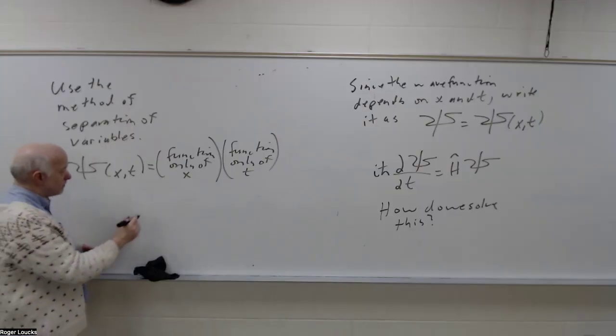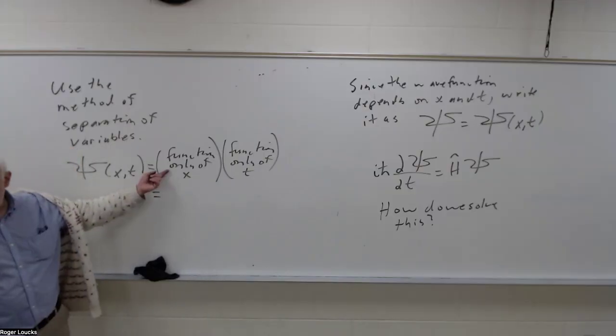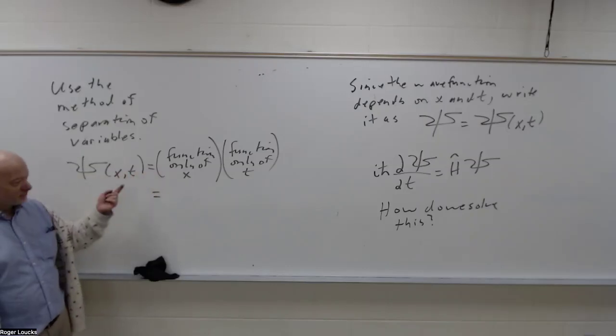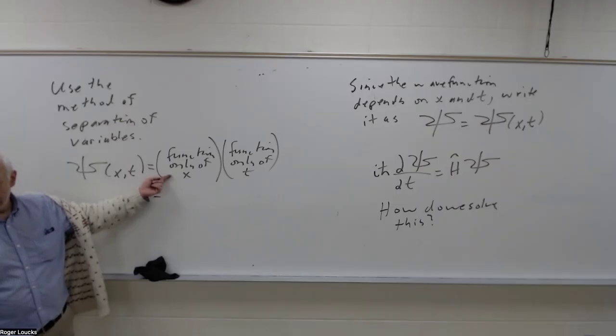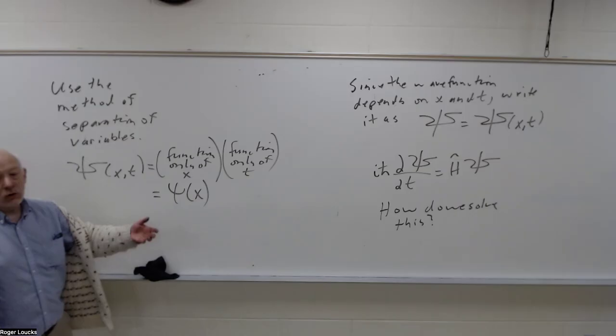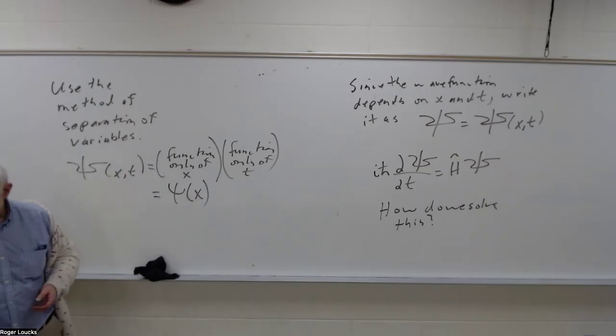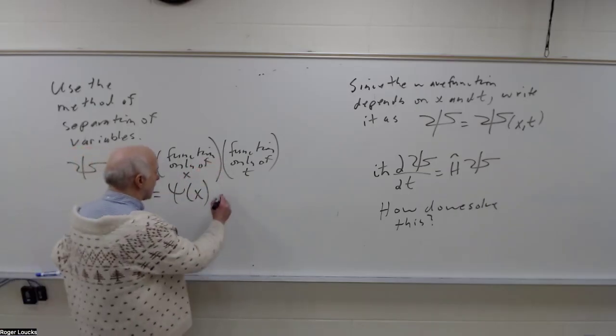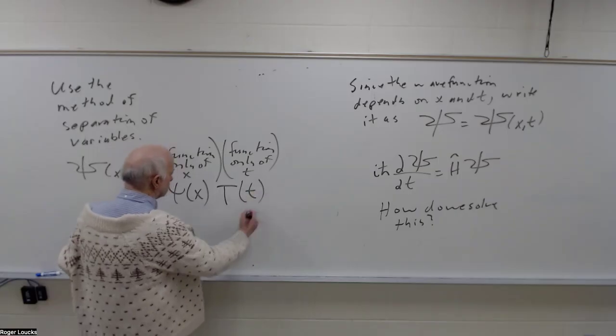This function of x, I'm going to call psi, like this. I have no clue what it is yet. I wonder why I'm using psi for this. Can't wait to find out why. And then this one here I'm going to call capital T, which is a function of time.